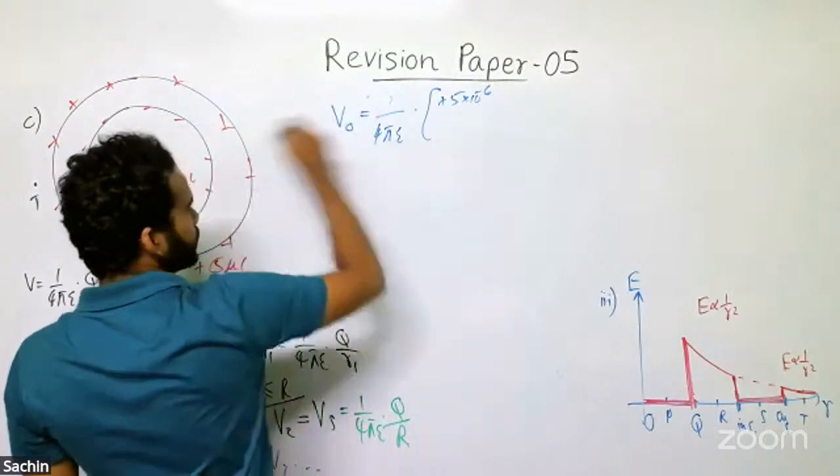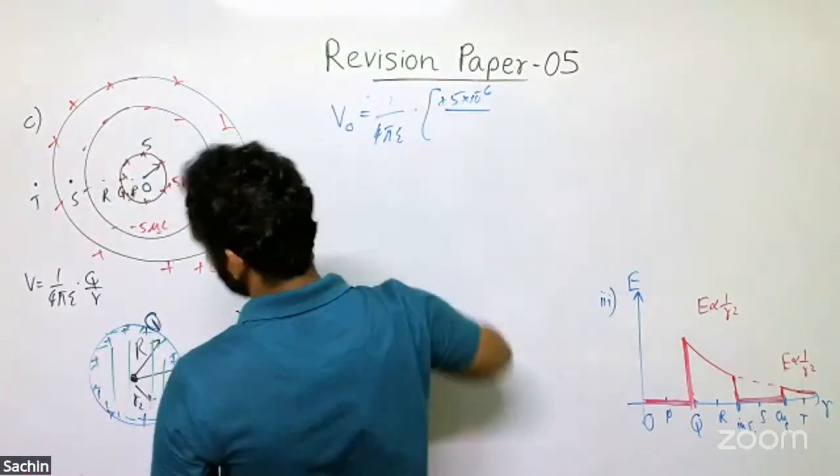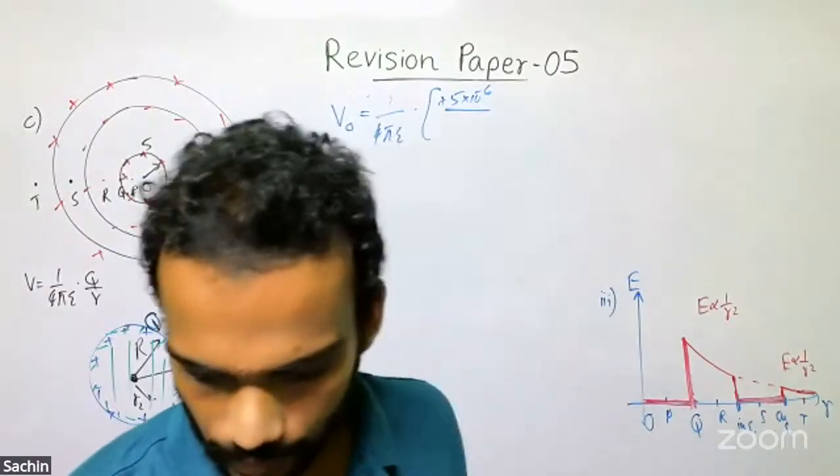Take this one first. The distance to the surface there is given, right? It's 5.